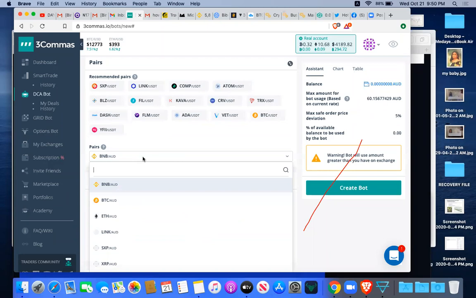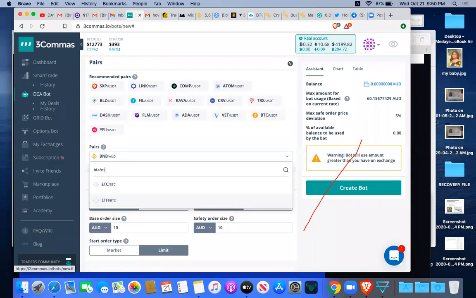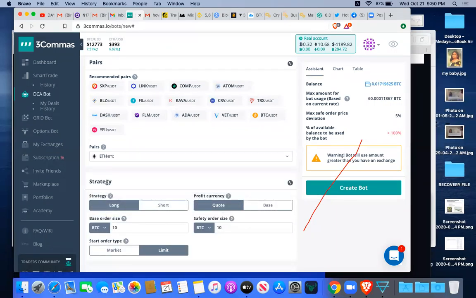Which coin am I going for? So let's say I'm going for BTC, ETH.